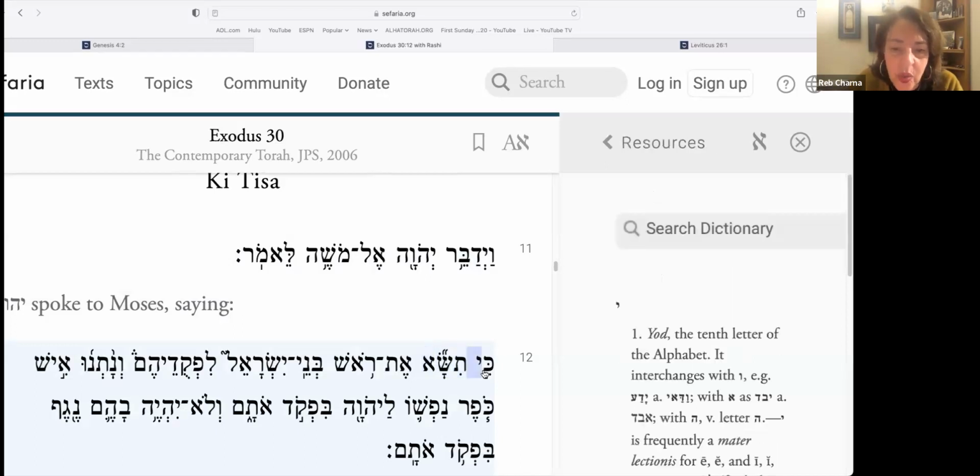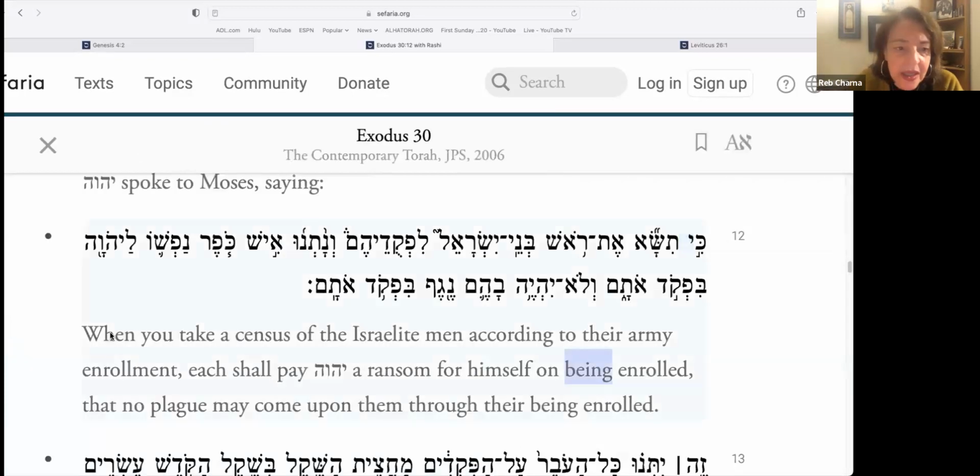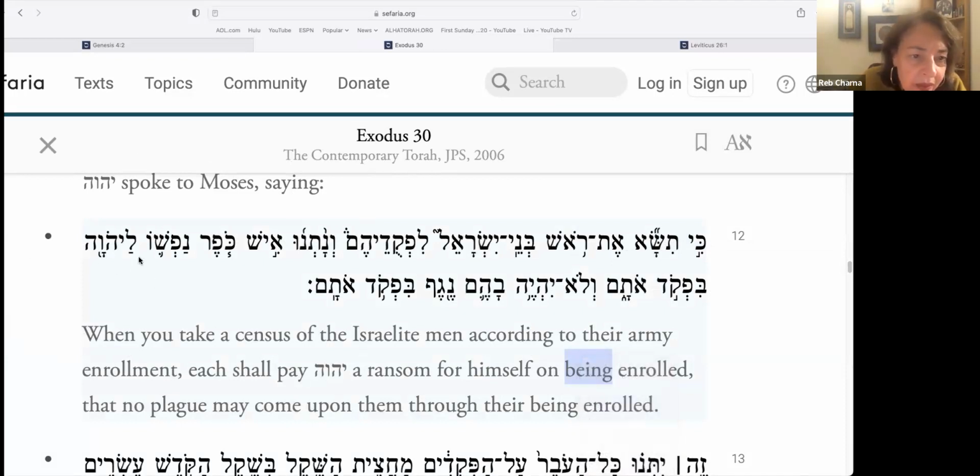Because when you take Ki Tisa et Rosh, what it is saying here is that Ki Tisa means when you take, hold on, let's annotate. That Ki Tisa et Rosh means when you take a census.